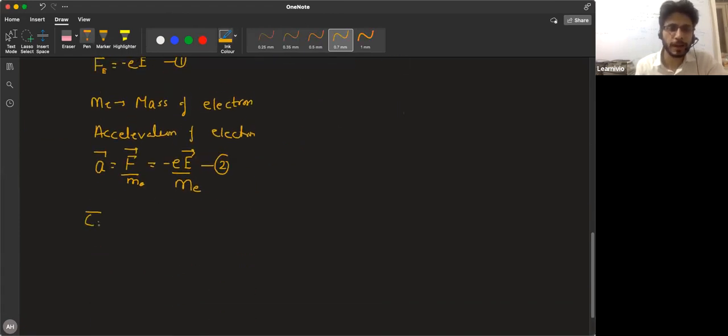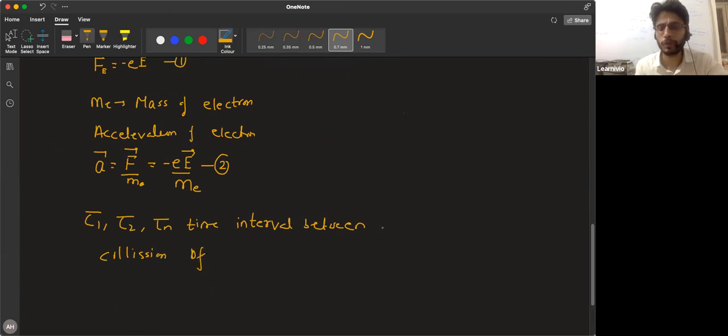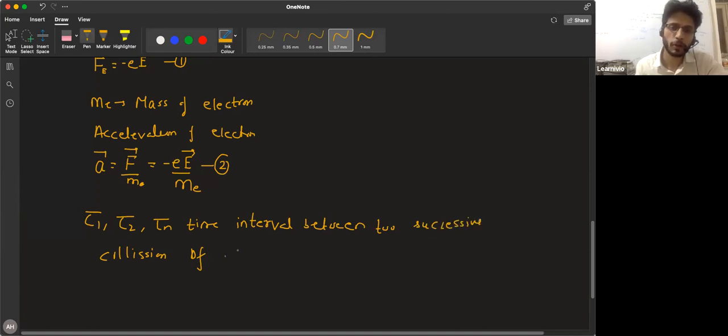So I write tau 1, tau 2, tau n as the time intervals between two successive collisions of an electron with an ion.